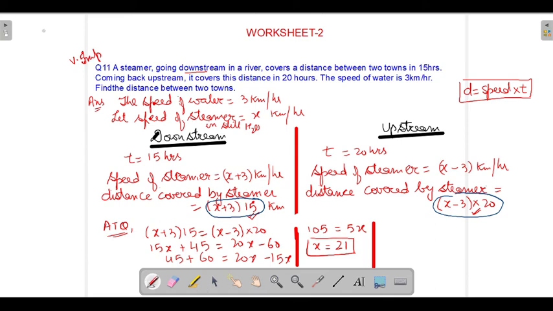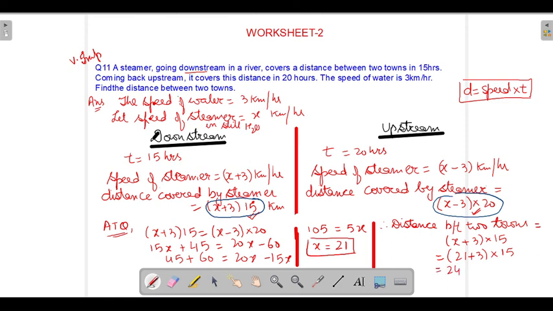So the distance between the two towns is equal to x plus 3 multiplied by 15, which is 21 plus 3 multiplied by 15.